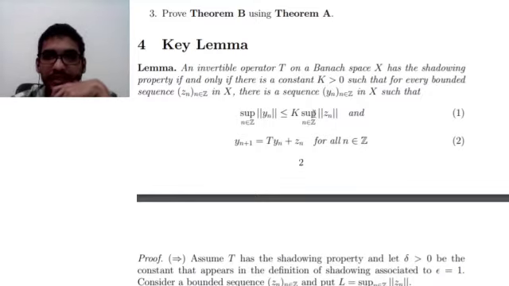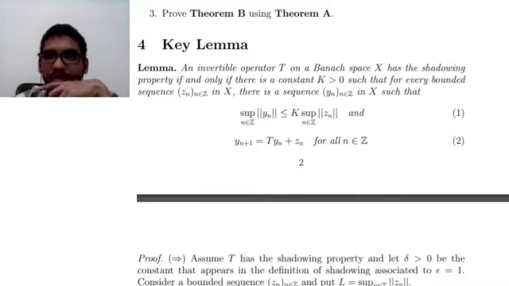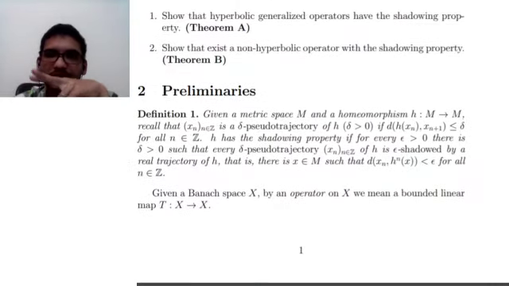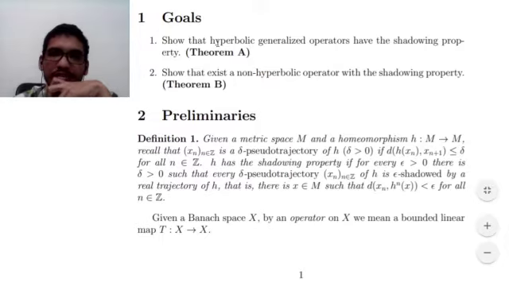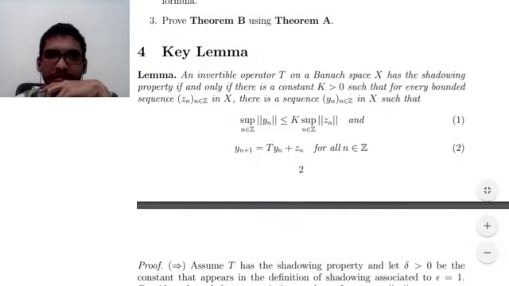To prove Theorem A, we need only the converse direction, from here to the shadowing property. Remember that Theorem A says that the hyperbolic generalized operators have the shadowing property. So we are going to use the converse of the key lemma.